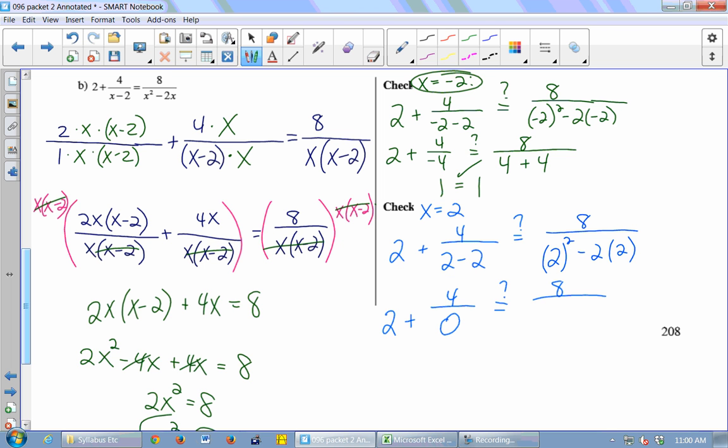And 4 minus 4 is 0 again. What is true about division by 0? It's not possible. It's undefined, right? So this is not true. You can't divide by 0. So what I've written here actually makes no sense. So x equals 2 is not a solution. The only solution is x equals -2.